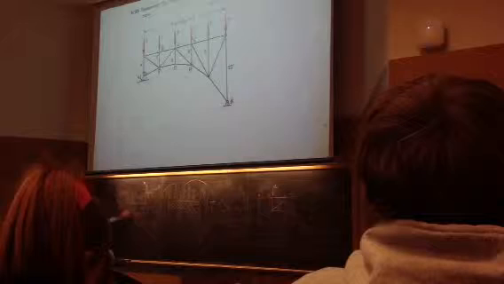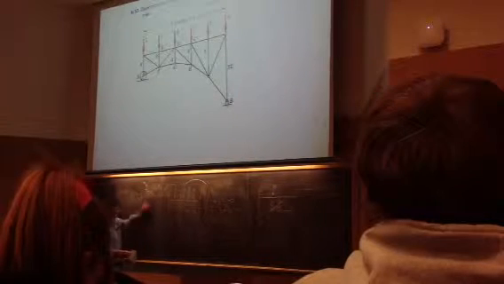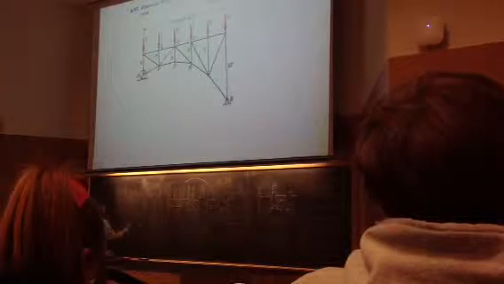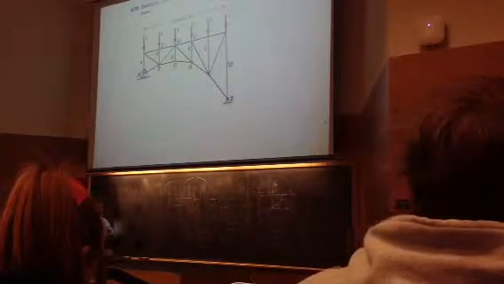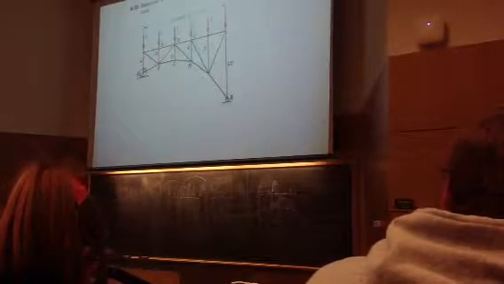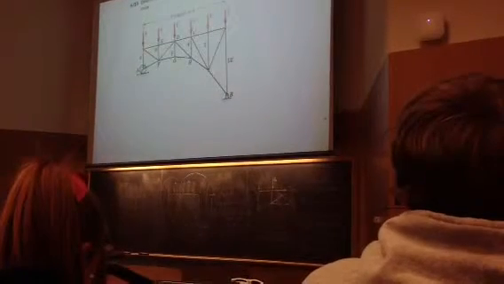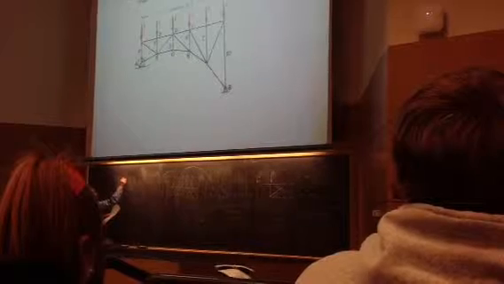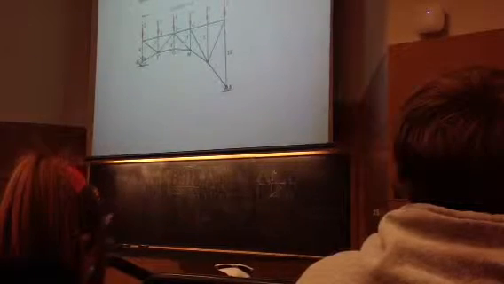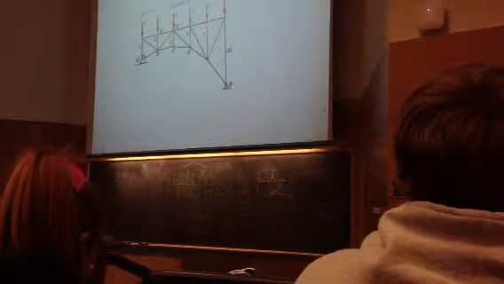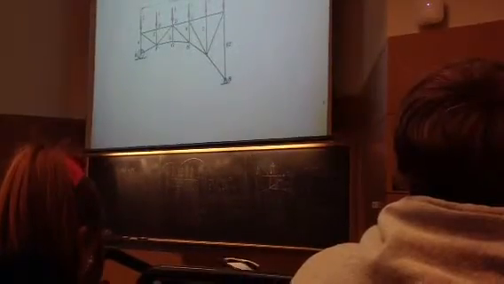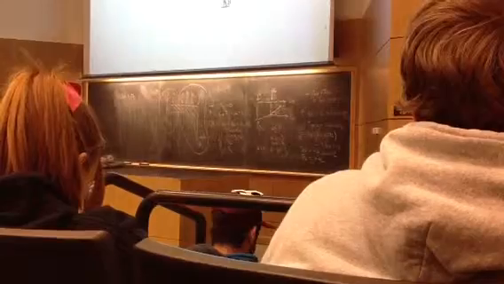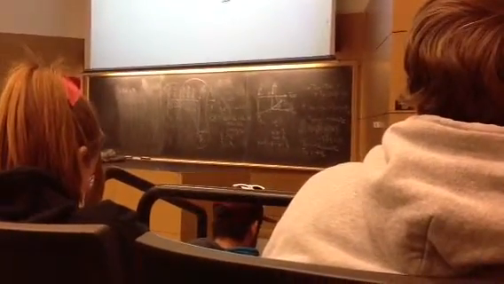Just because I chose to use method of sections once doesn't mean that that's the only thing that I can do. Instead, I think what I would like to do is draw a free body diagram of joint D. Again, just because I divided it into two big chunks to use method of sections first doesn't mean I can't change my mind to do method of joints a little bit later on.